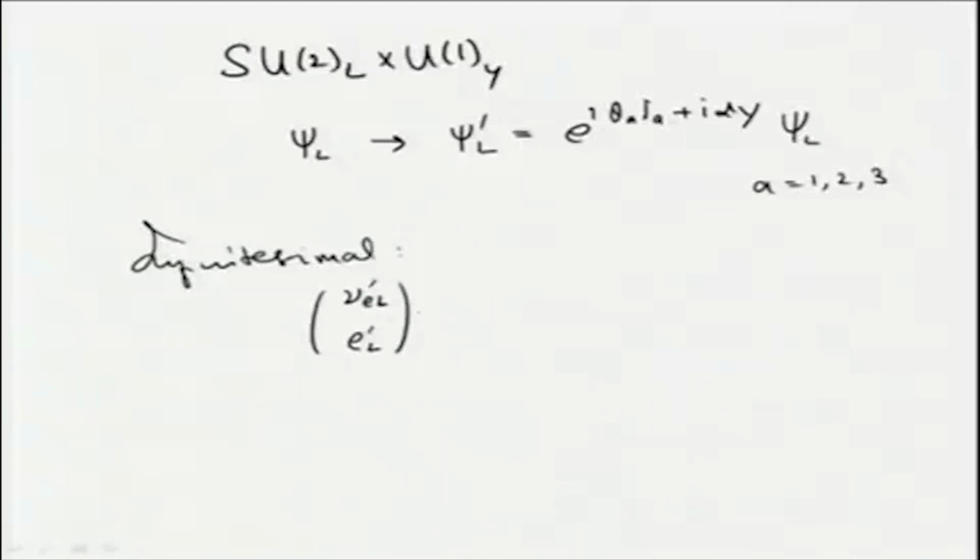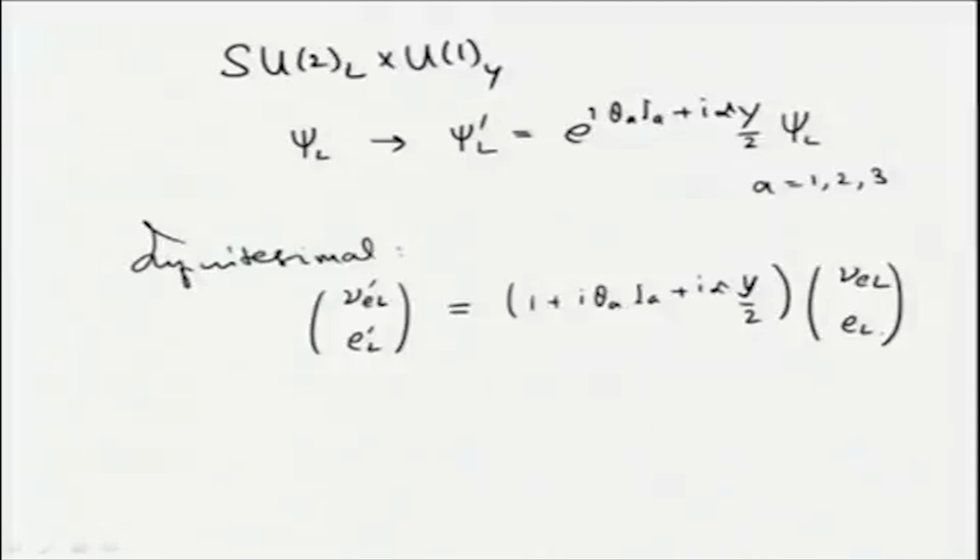The primed version of this is equal to 1 + iθ^A I^A + iα y/2, sorry, here y/2 is there. Again the 1/2 for y is a convention. This times acts on (ν_L, e_L).